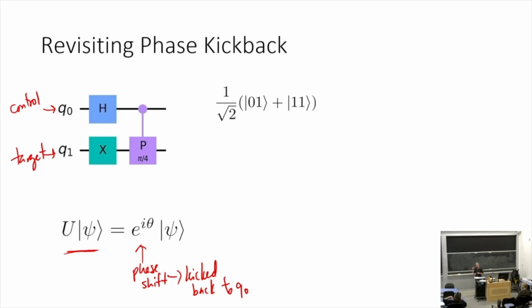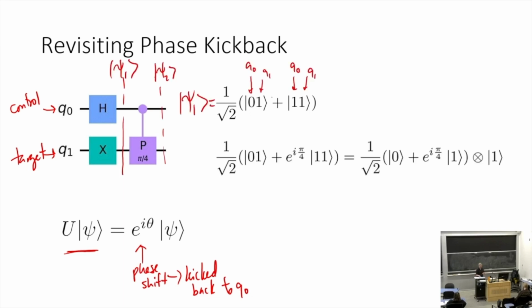And remember that when we talk about control here, it's in the sense of when we introduced controlled NOT gates. A controlled gate acts only when the control qubit is in the 1 state, for example. Our phase rotation is only applied in this case when passing through this gate when it's in the 1 state.